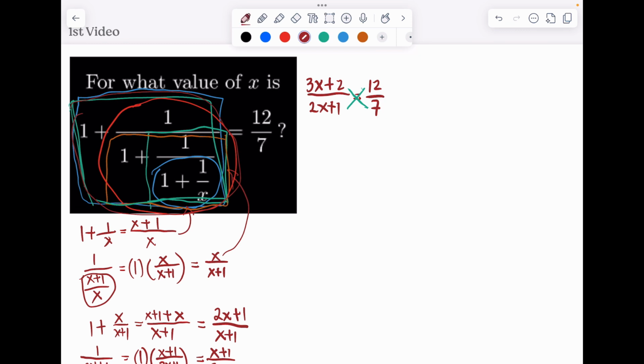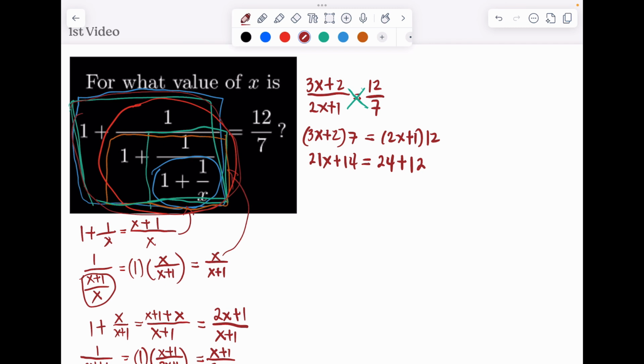So let's do that. So this will become 3x plus 2 multiplied to 7. Then the other one will be 2x plus 1 multiplied to 12. Then we're going to simplify everything. And this will become 21x plus 14. And then this will become 24x plus 12.